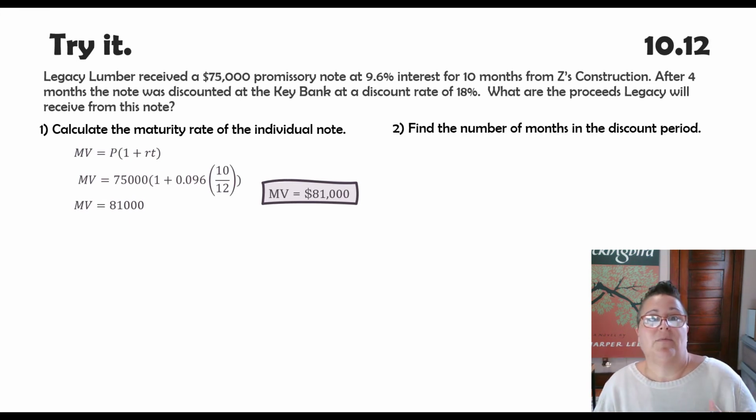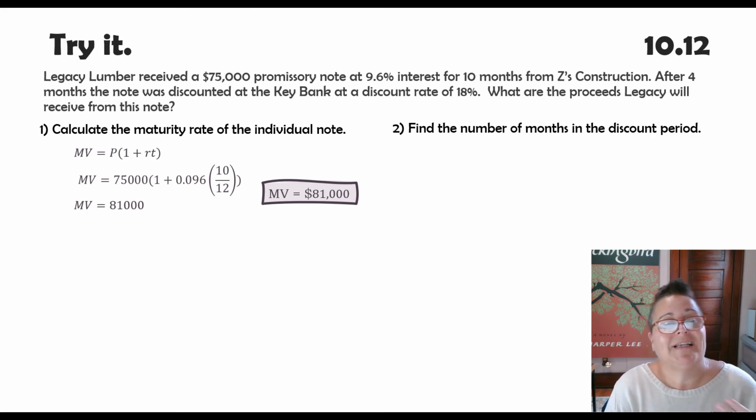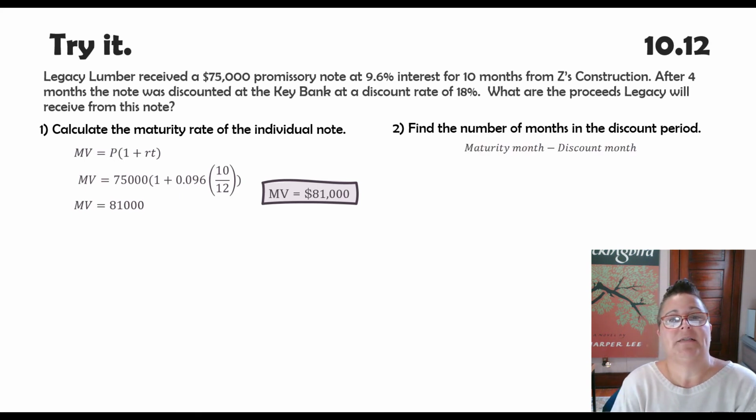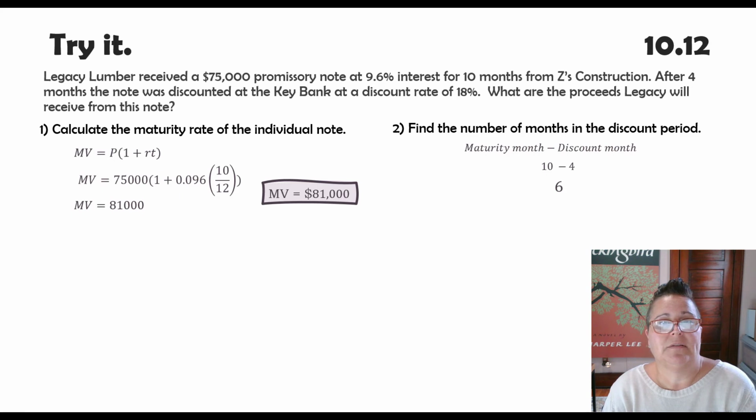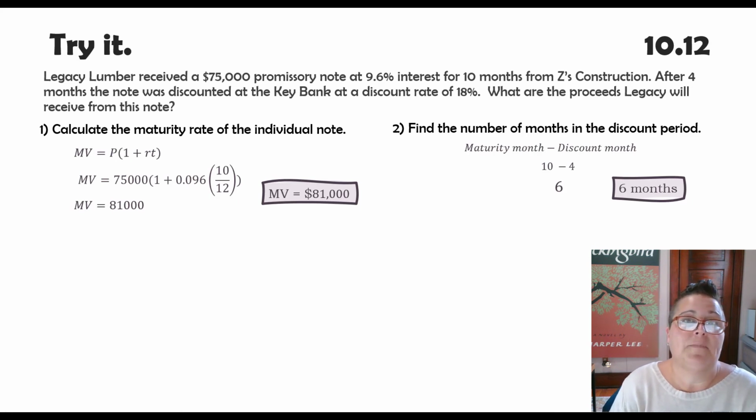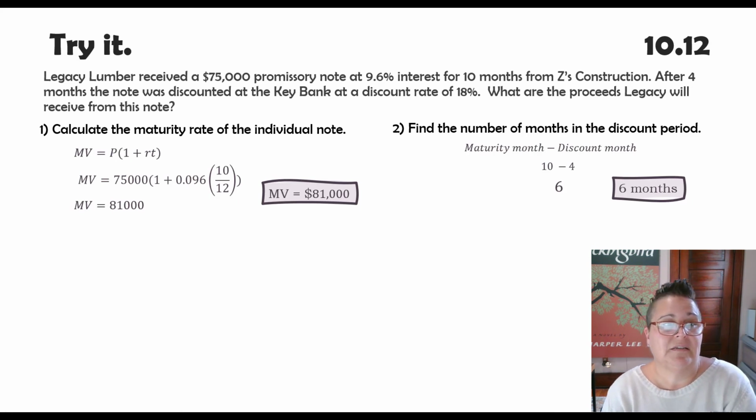So we're going to find the number of months left in the discount period. Since the maturity was at 10 months and we're discounting this at 4 months, we need the difference between 10 and 4, which is 6 months. So the discount period would be 6 months, or 6 out of 12. The bank will discount it for those 6 months.